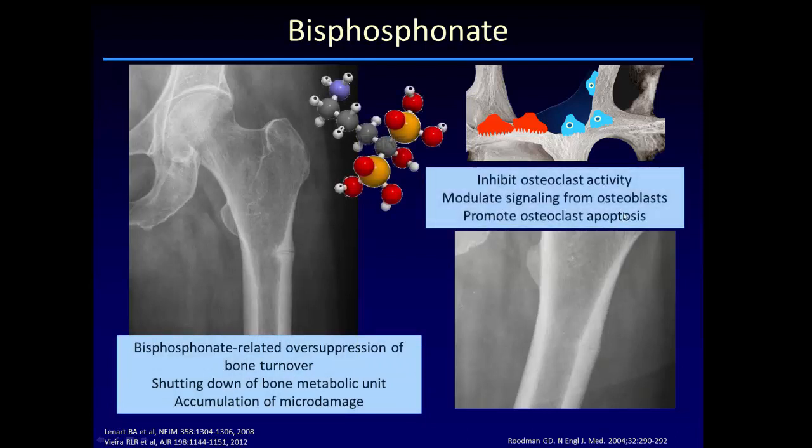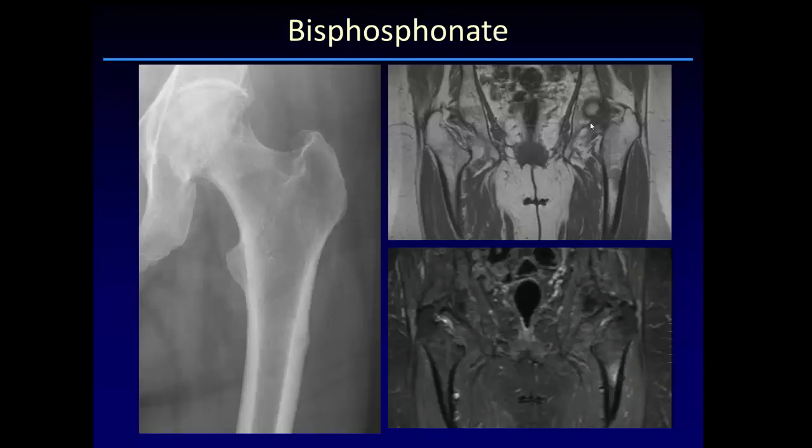And what happens with bisphosphonates is that this entire cycle of bone resorption and bone repair breaks down because we have death of the osteoclasts and we don't have any signaling taking place from the osteoblasts. So there's a shutdown and microdamage is accumulated and the bone will fail.